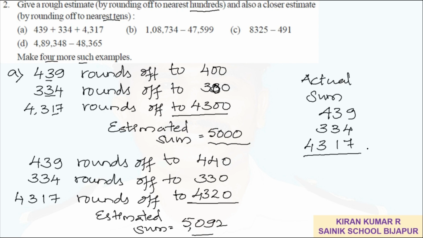We need to add these numbers. 439 added to 334 added to 4,317 becomes 5,090. Here it is 5,090, so the closer estimate is 5,090.